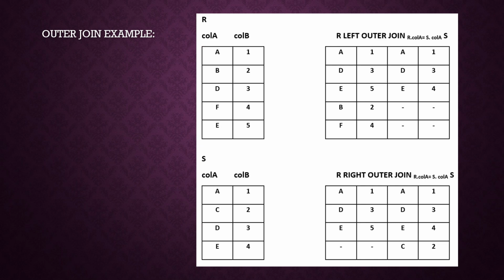R right outer join S, where R dot A equals S dot column A. In the second diagram, it is given as R but it should be S, a small mistake, so make it proper.